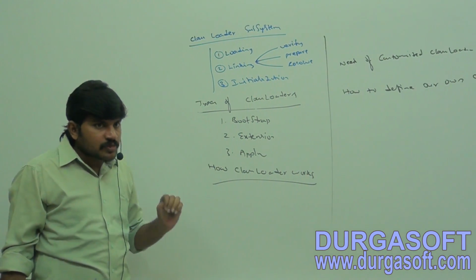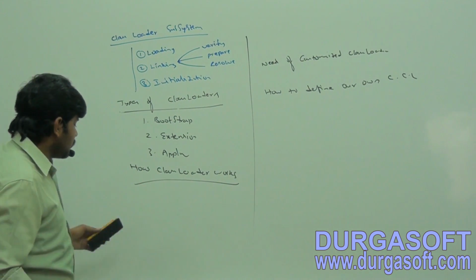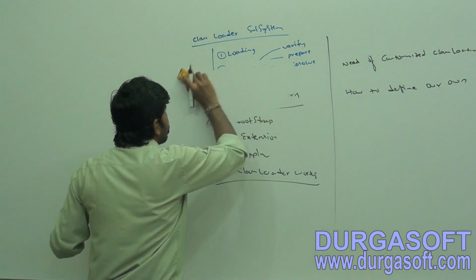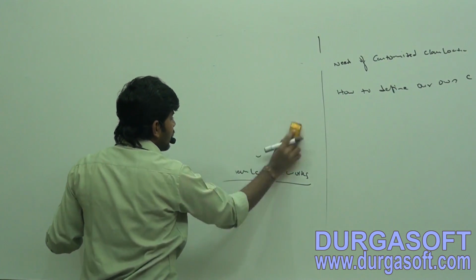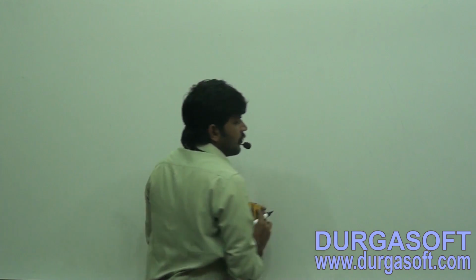What is the second module we have to discuss? Various memory areas present inside the JVM. We just talked about the first module, the class loader subsystem.